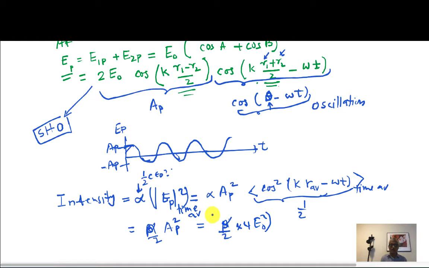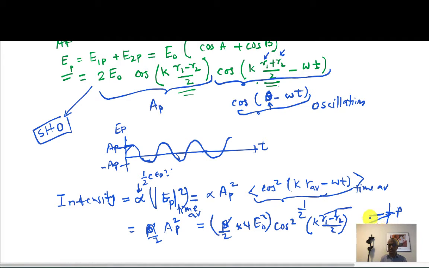So these are all constant, some large value. Then there's cosine square, (R1 minus R2) k over 2. Now these change: here's the P, and this is R1 and this is R2, and if I go to another point P, this will be R1 and this will be R2.